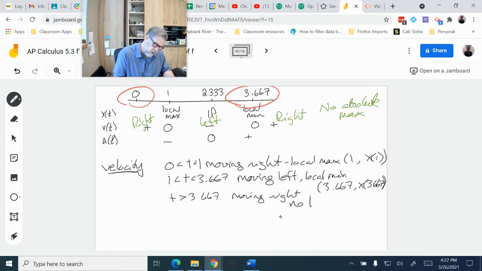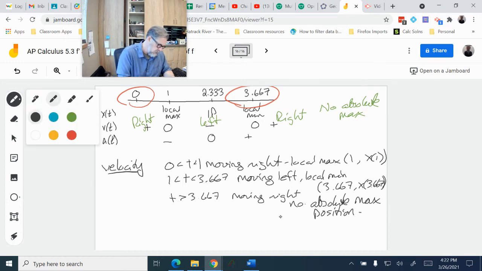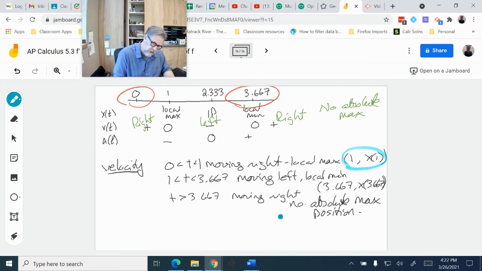So there is no absolute maximum position. Again, I leave it to you, if you want, to calculate that local minimum.